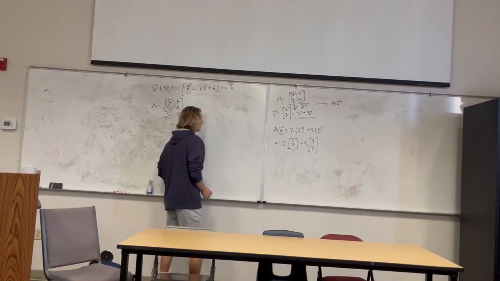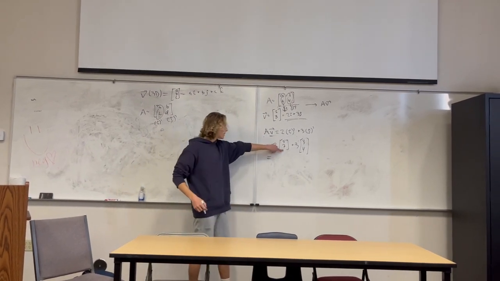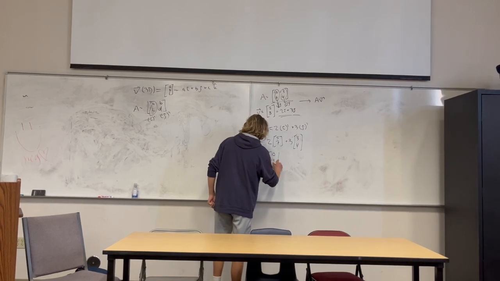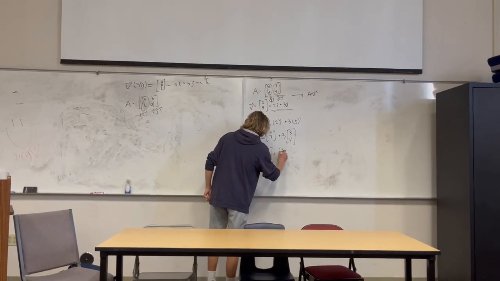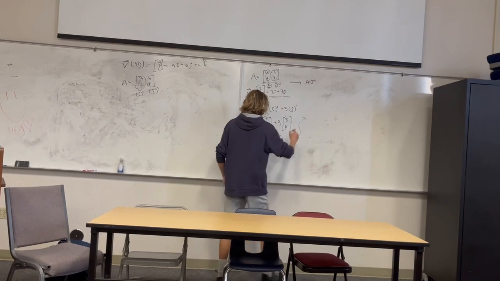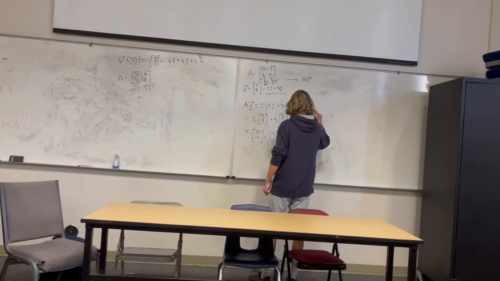Now if we write this out with our scalar rules, like we did last time, this is equal to 10, 14 plus 9, 12, which is equal to 19, 26.